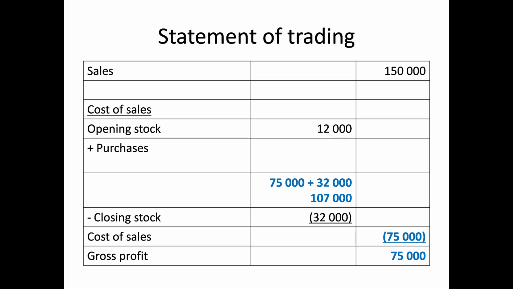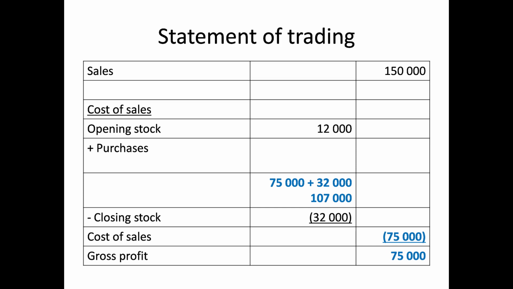Cost of sales 75,000 has been arrived at when you deduct the closing stock from that total. So cost of sales value is given and the deducted value is also given. Therefore, you have to add those two figures.